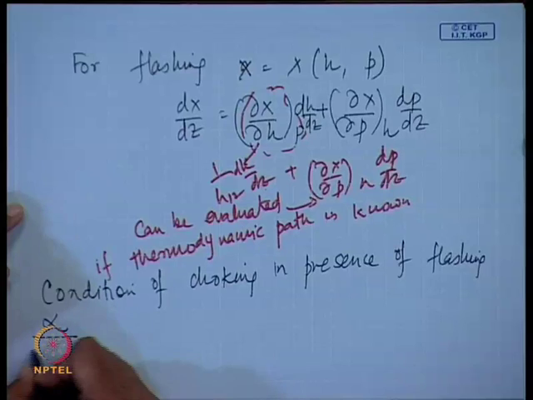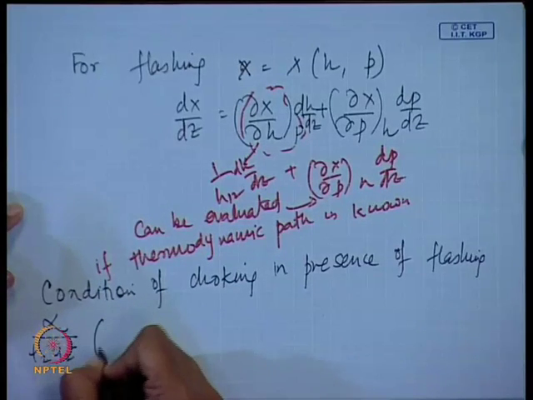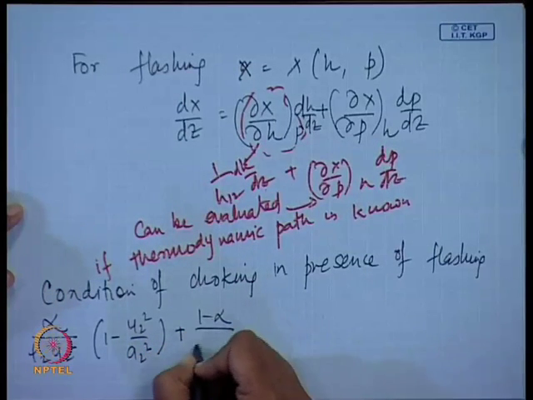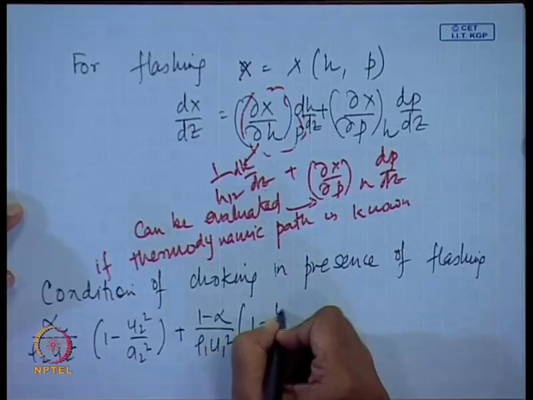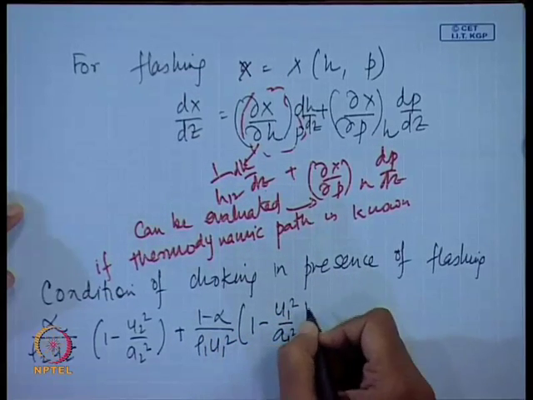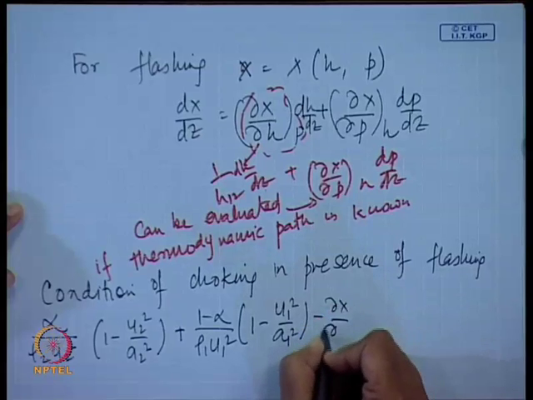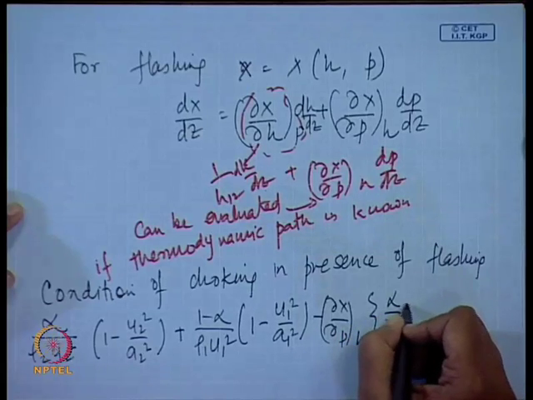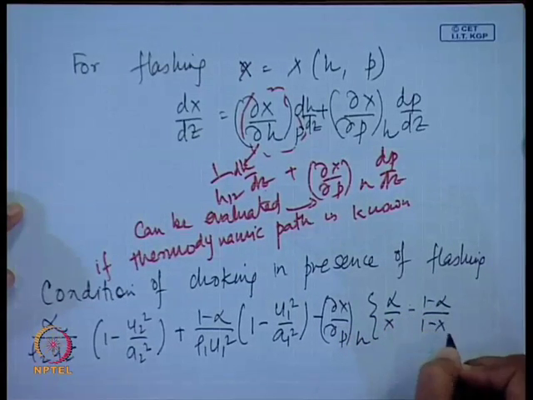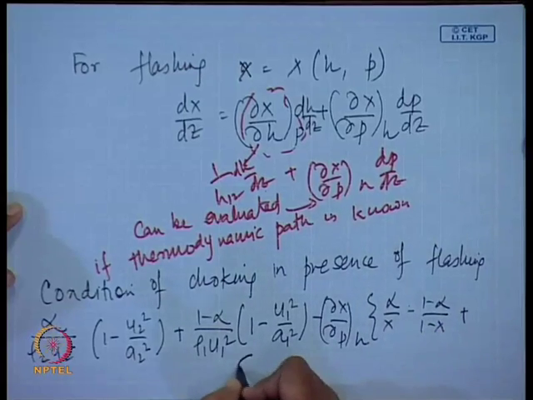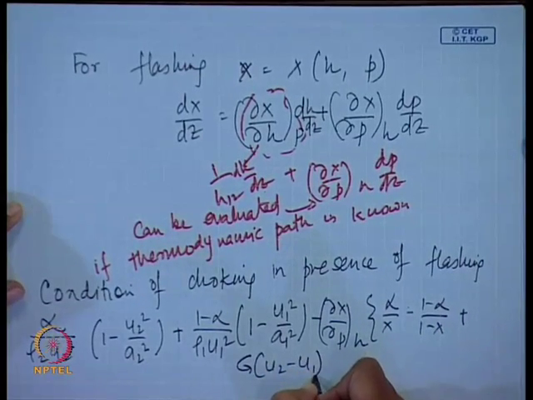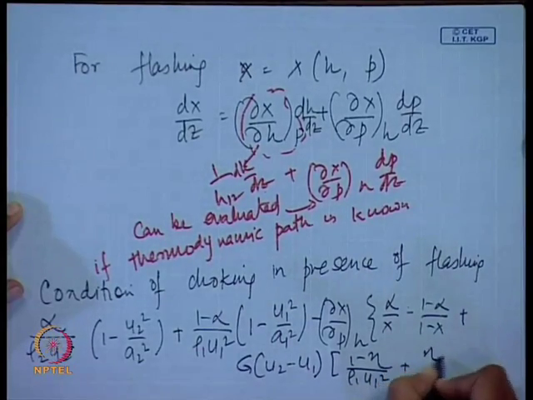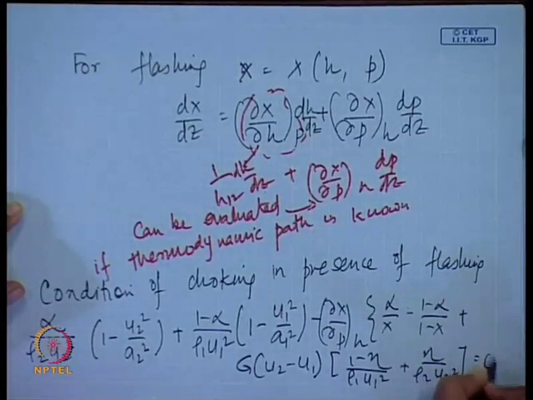This will be alpha by rho 2 u2 square into 1 minus u2 square by a2 square, times 1 minus alpha by rho 1 u1 square into 1 minus u1 square by a1 square, minus del x del p at constant h into alpha by x minus 1 minus alpha by 1 minus x plus g into u2 minus u1 into 1 minus eta by rho 1 u1 square plus eta by rho 2 u2 square. This has to be equal to 0.